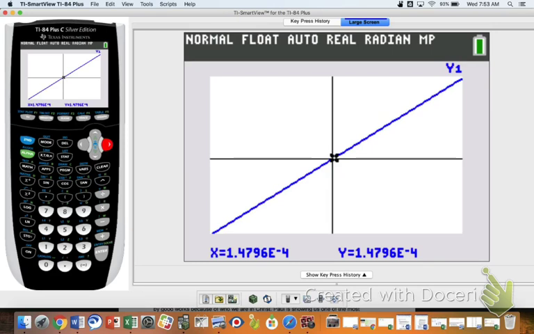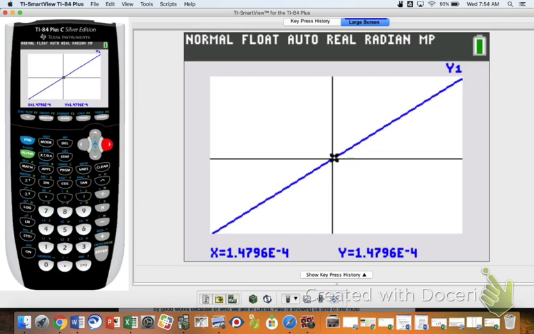So what should I be able to do with my little trace feature to really for sure prove that the slope is always 1? So far, all I've proven is that the slope between 0, 0 and that point appears at least to be 1, right? I should be able to prove it for every point.